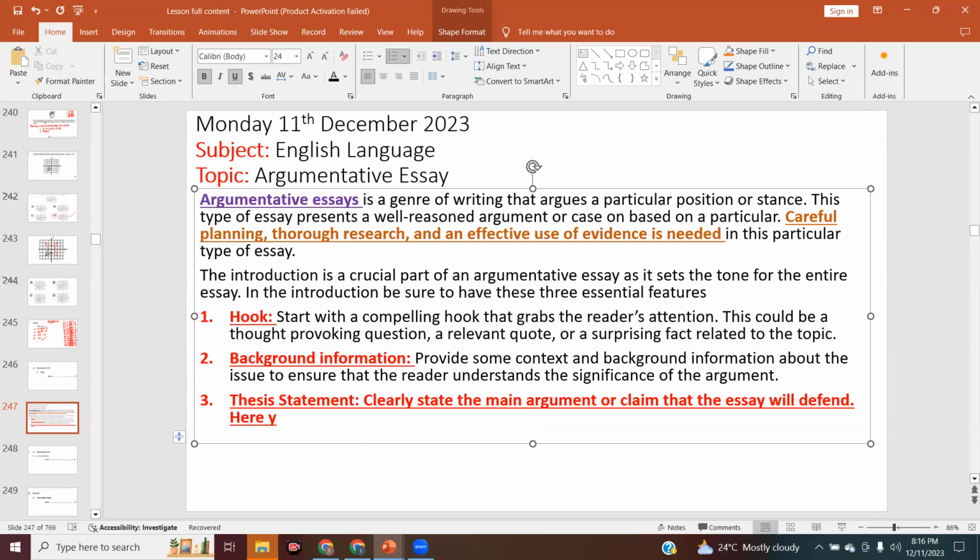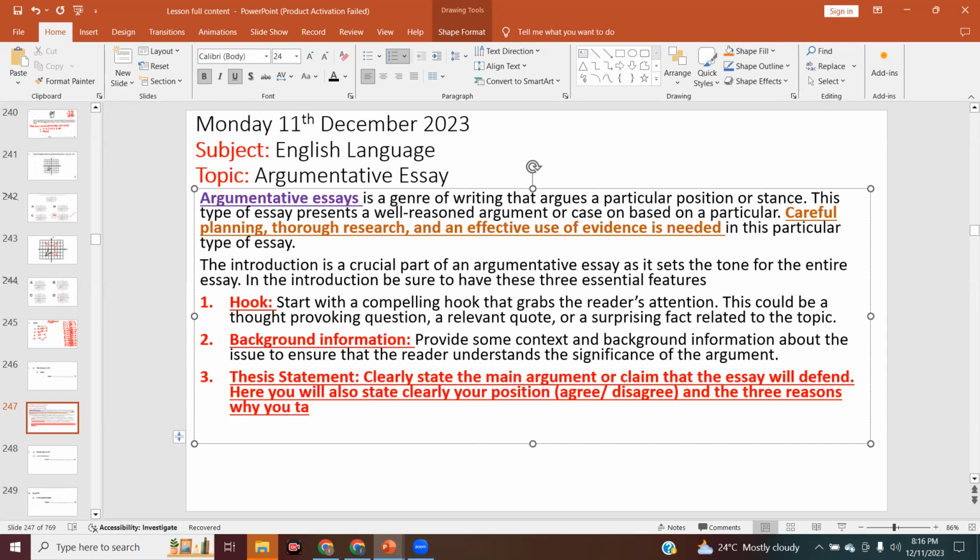Here, you will also state clearly your position, whether you agree or disagree, and the 3 reasons why you take this position.